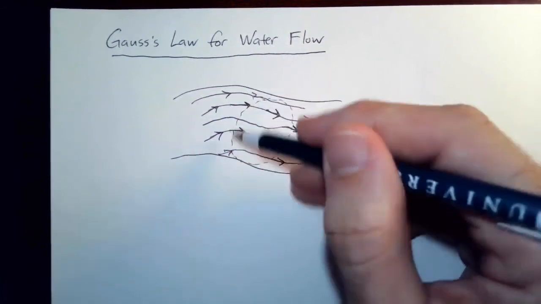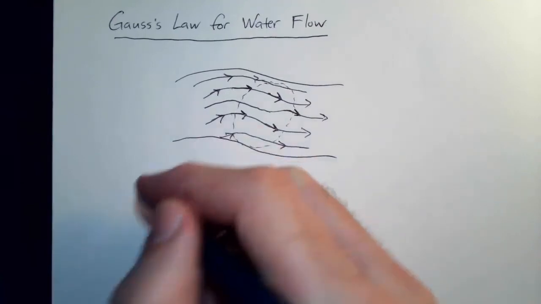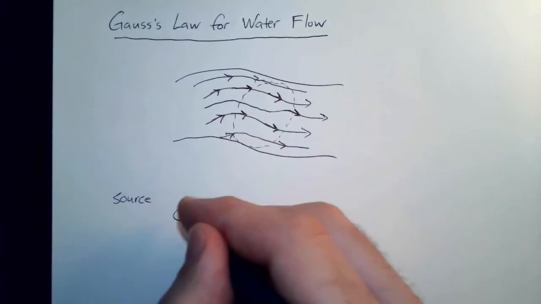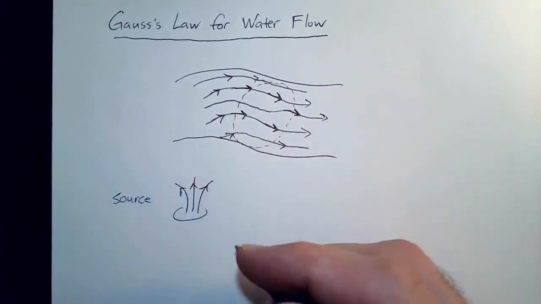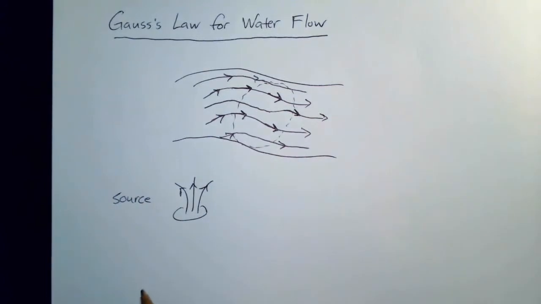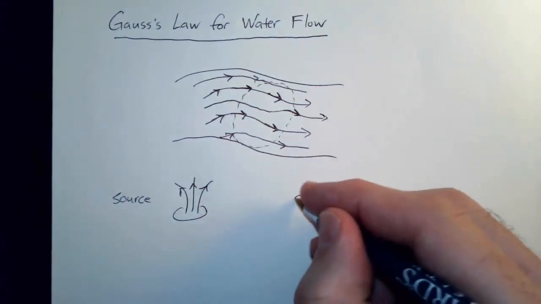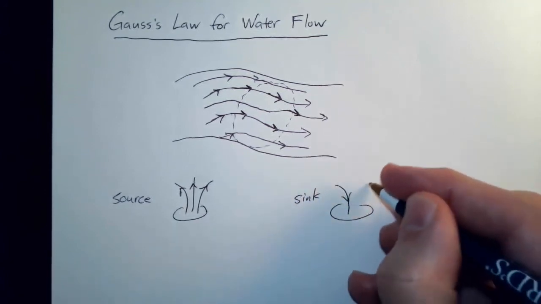I didn't draw one, but could we have a source or a sink for water? Sure. A source might be something like a fountain. That is a source of the flow field for the water. And a sink might be something like a drain where the water can flow out.